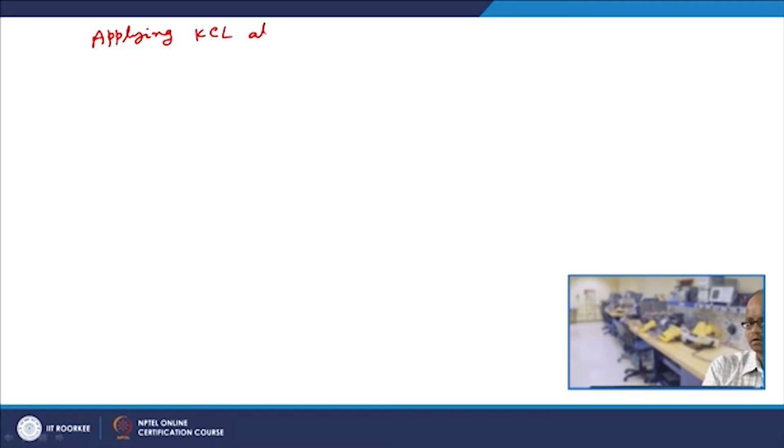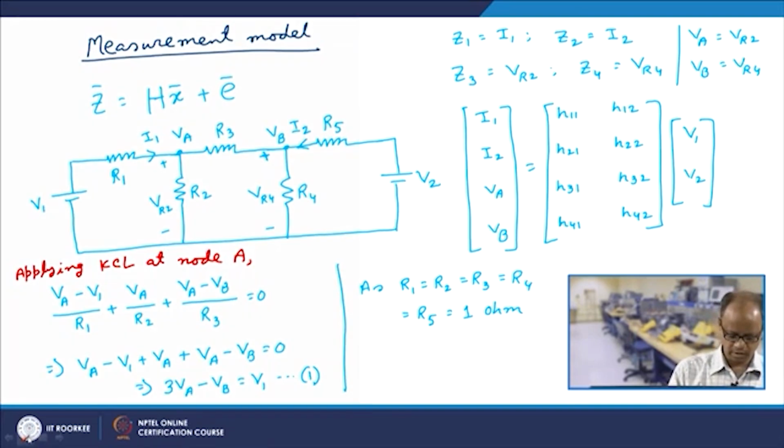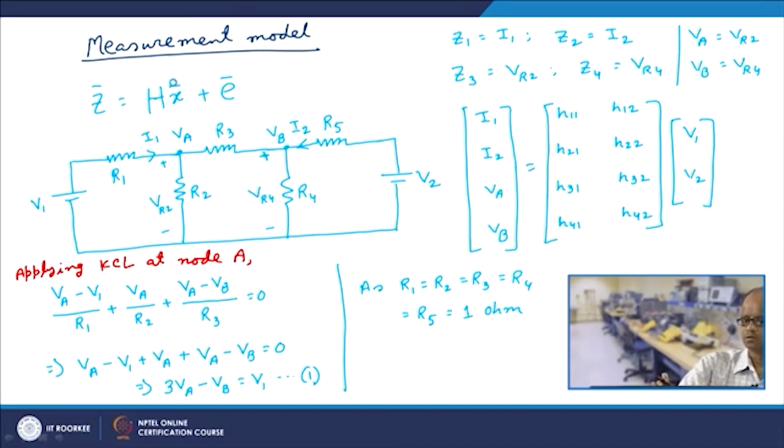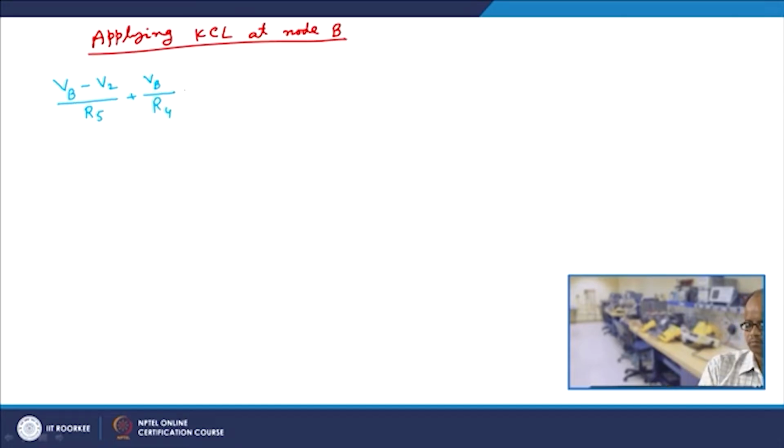KCL at node B, what we get is, if we look at this, (VB minus V2) by R5 plus VB by R4 plus (VB minus VA) by R3 is equal to 0.